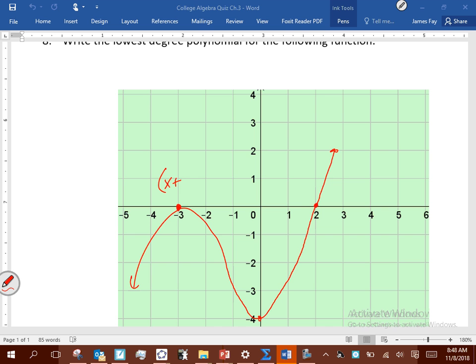X plus 3 squared. It's the lowest degree, multiplicity of 2. The reason they say lowest degree is so that you can differentiate, because a 4th degree is going to have the same behavior here, and a 6th degree is going to have the same behavior. It might be a little bit more steep as we approach that intercept, but that multiplicity is guaranteed to be 2 if we say lowest degree.